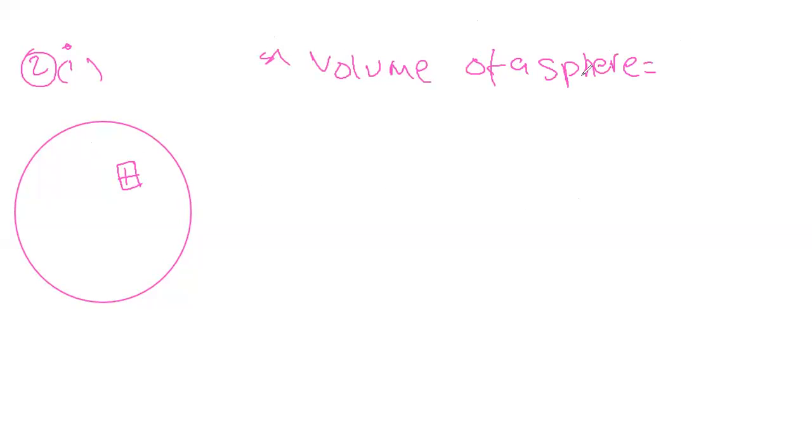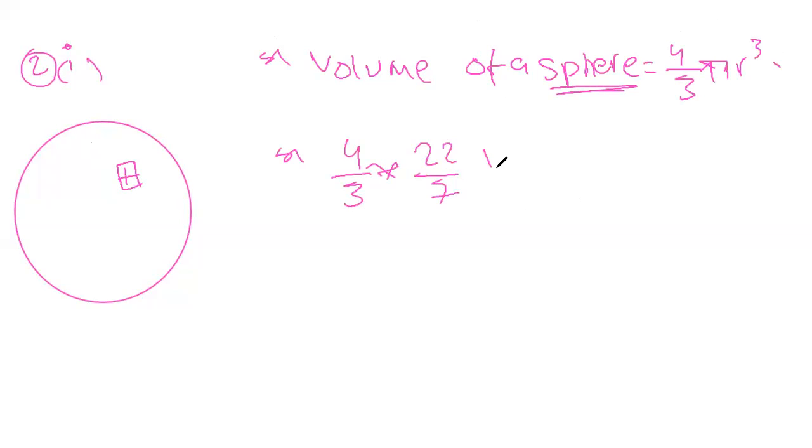So volume of a sphere specifically will be 4 upon 3 pi r cube, which is equal to 4 upon 3 into 22 by 7 into r cube. Our r from center to the edge is r, which is equal to 14 centimeters. So r cube can be written as 14 whole cube, and 14 whole cube can be written as 14 into 14 into 14.